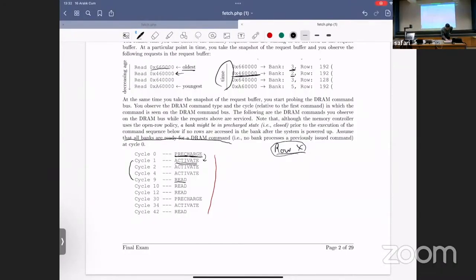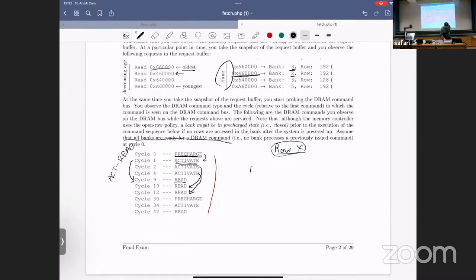And from here, we can deduce the activate to read latency. Act to read. This is 8 cycles. And if you look at the differences between the next 3 pairs of activate and read commands here and here, they have exactly the same latency between them.